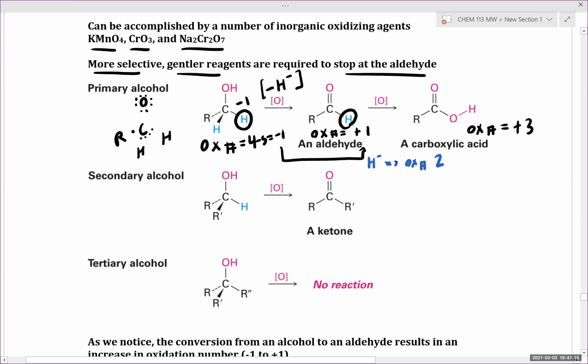Does everyone see how each oxidation step removes a hydride equivalent and our oxidation number becomes more positive as a result? Most oxidizing agents can be thought of as reagents that remove or abstract an equivalent of hydride.